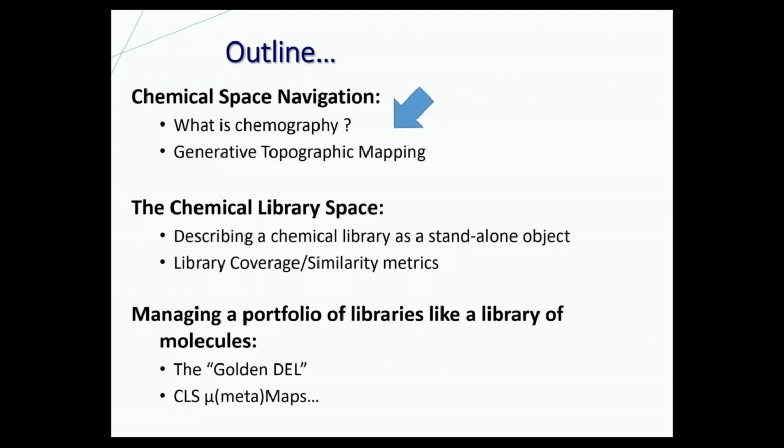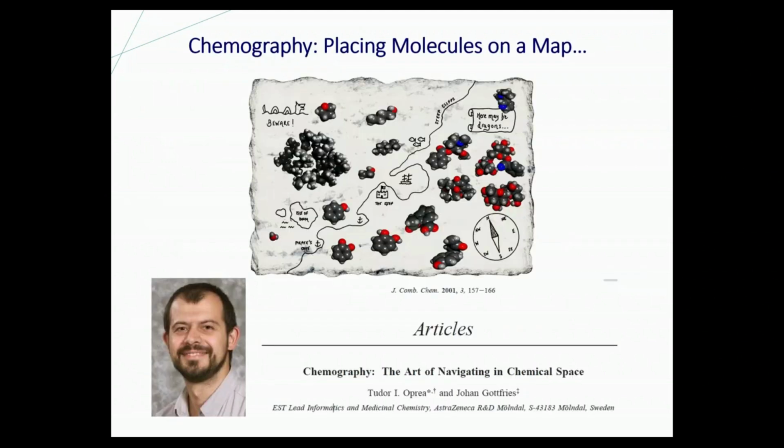So let's start with the beginnings. Chemography is a rather fruitful idea by a certain Tudor Oprea, who at that time worked for AstraZeneca in Sweden, who said, well, we all know that molecules can be characterized by many different molecular descriptors, which basically define a high-dimensional vector in some abstract space, and intuitively contemplating high-dimensional spaces typically results in a headache.